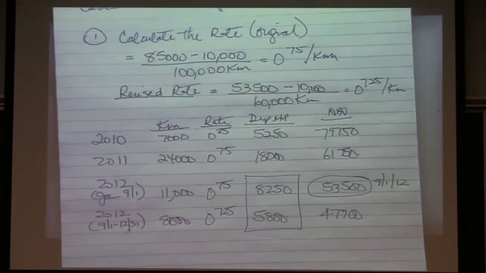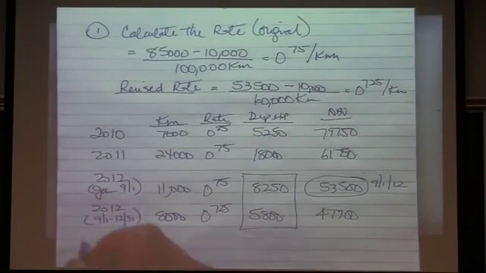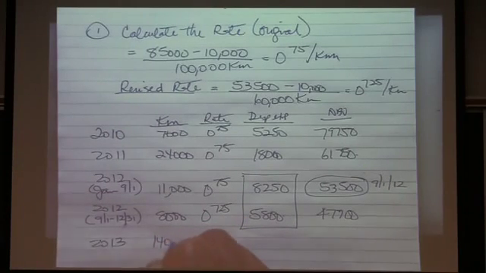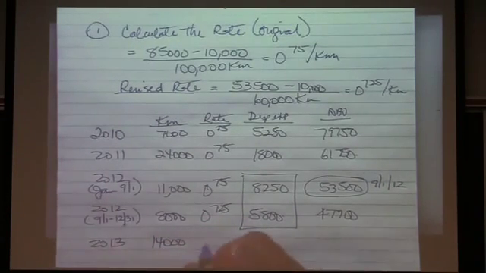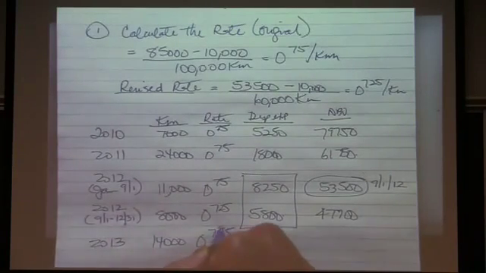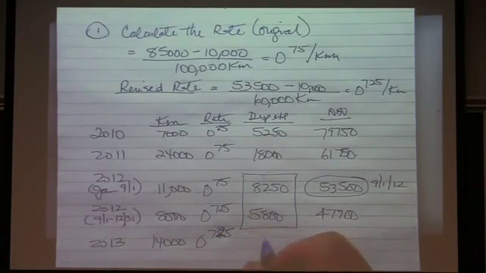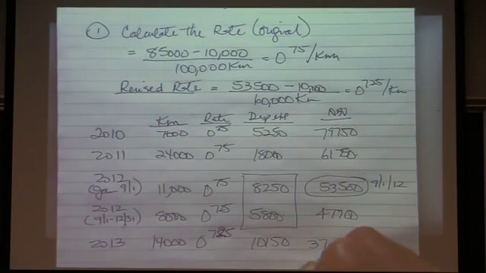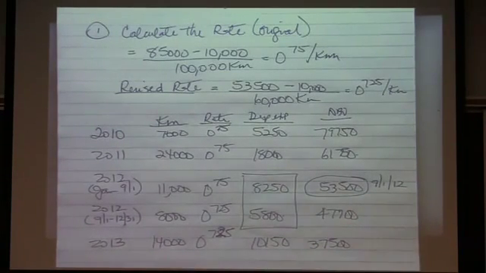Now if we continue on, you'll see that in 2013 the total kilometers was 14,000 in our new estimate, and we're going to multiply with 0.725, and that should give us 10,150. Net book value is 550, sorry. And in 2014, it was 10,000 kilometers.